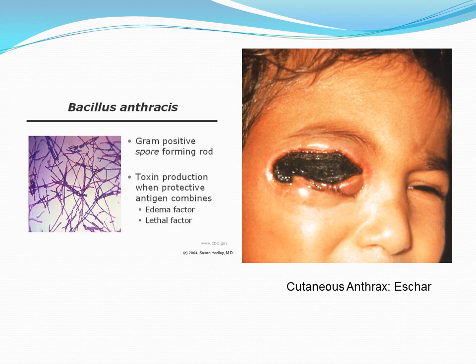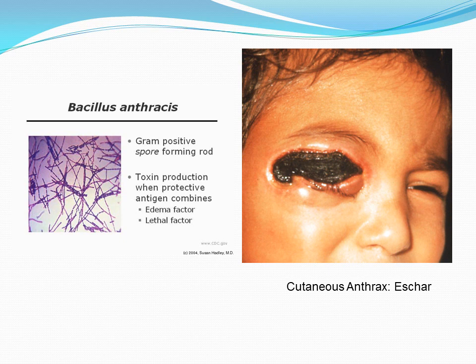Bacillus anthracis, the toxin production: the toxin is produced in Bacillus anthracis when protective antigen combines with edema factor and lethal factor. Edema factor causes the edema, and lethal factor kills the cells and the tissue.